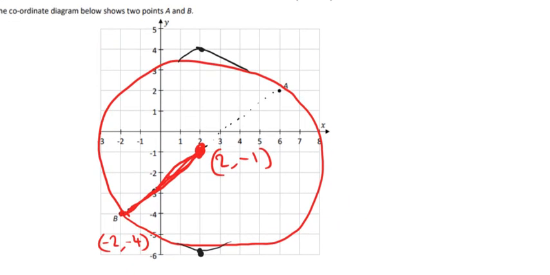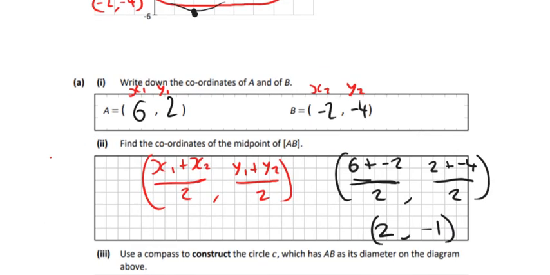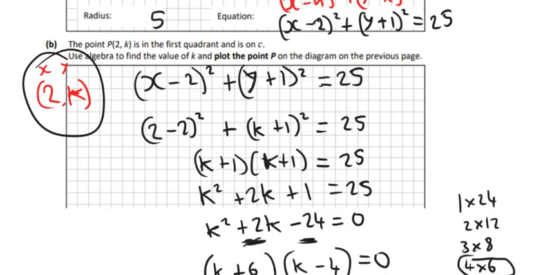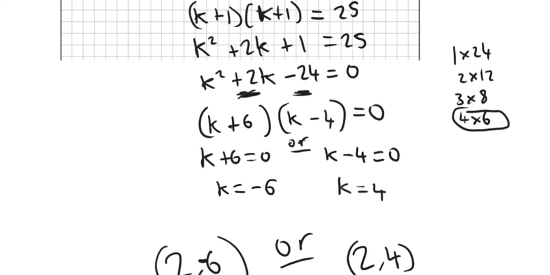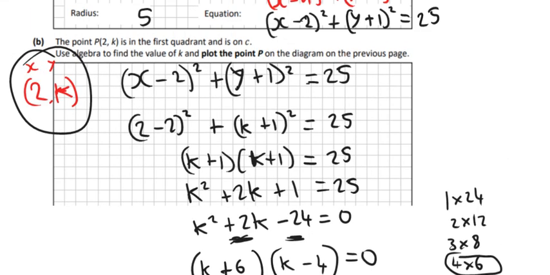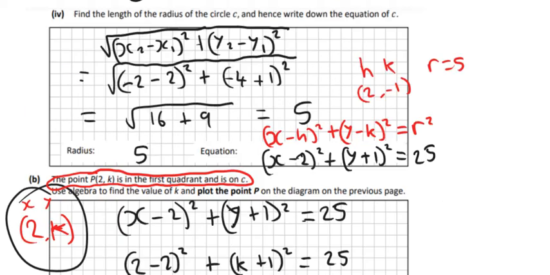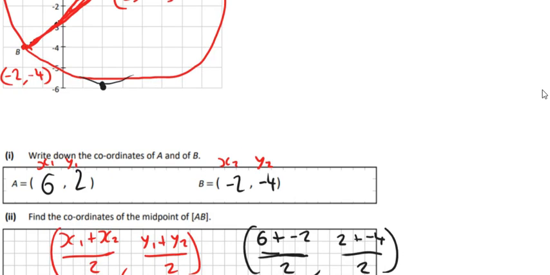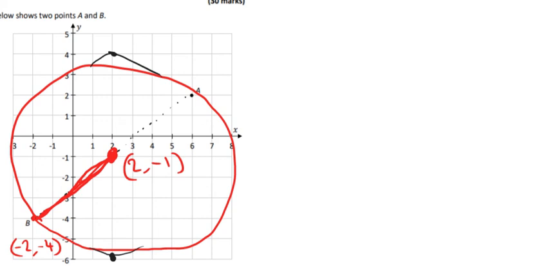So there's one bit you have to see then that's in the question down here. The point (2, k) is in the first quadrant. It tells us that there in the question. So the first quadrant is this one up here. That's the first quadrant.